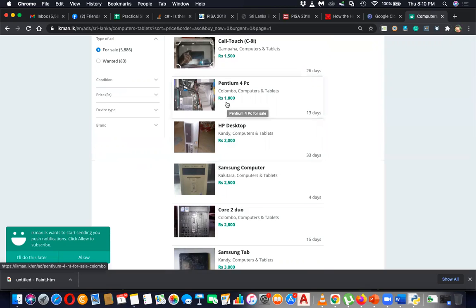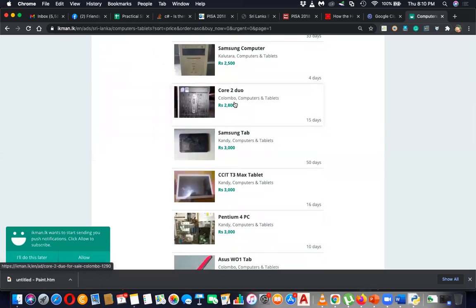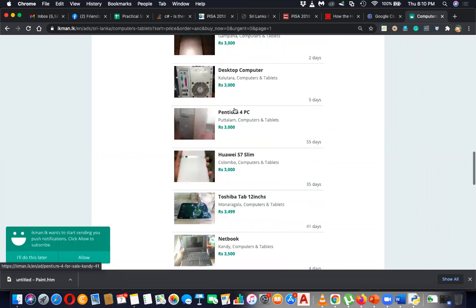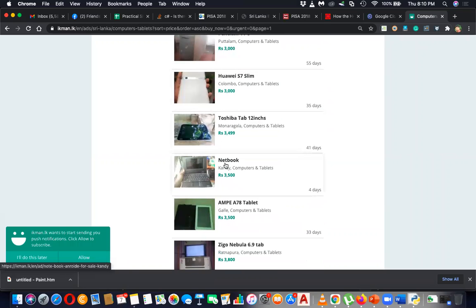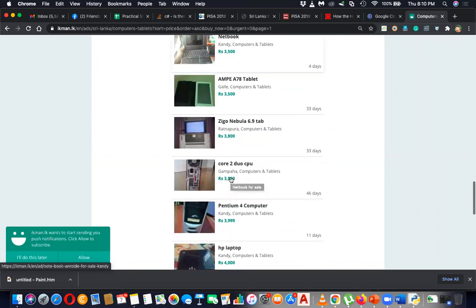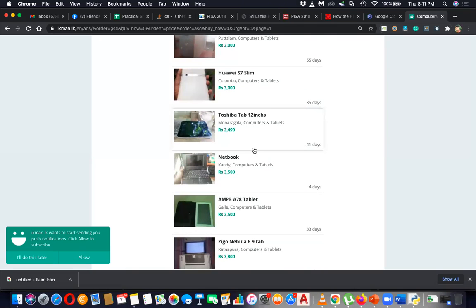Another is 1,800. Very cheap, no? You can buy a dual core computer here, also 2,800 rupees. See how cheap those computers are. This is a netbook at 3,500 rupees. That's why I said most of the students say I don't have a computer, it's expensive. No, it's not expensive. You can buy a computer for practicing.